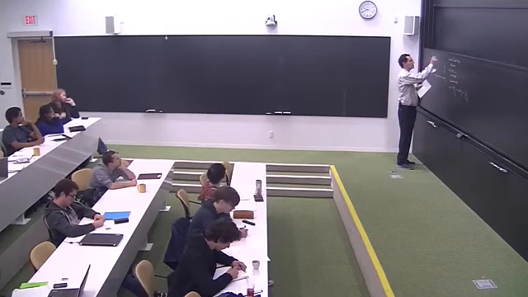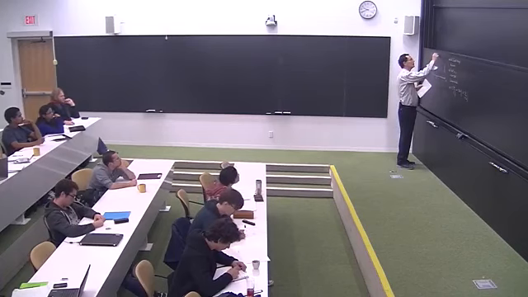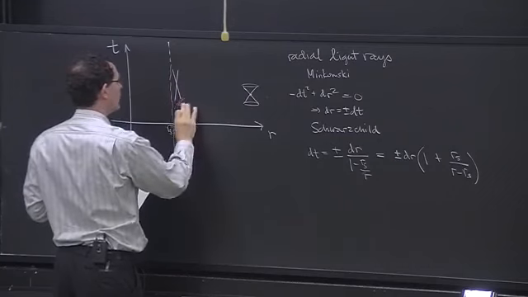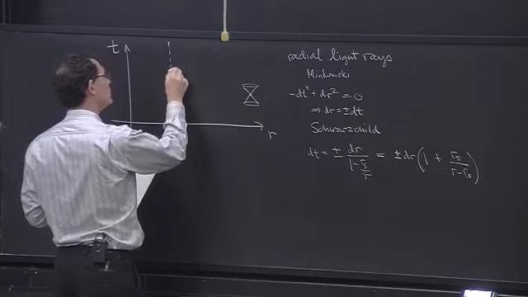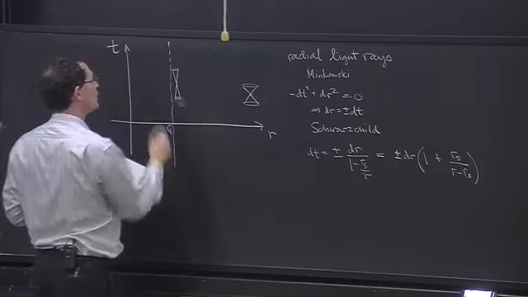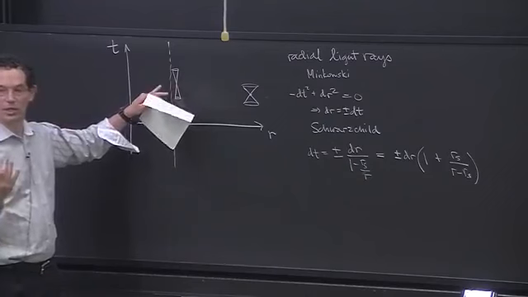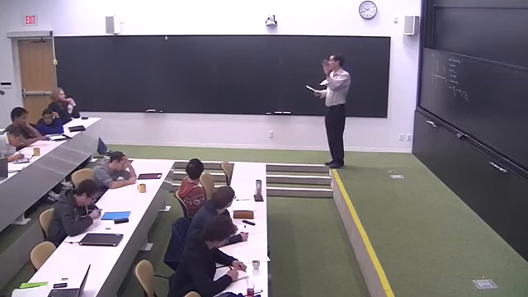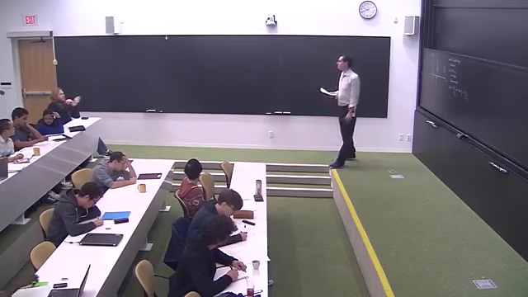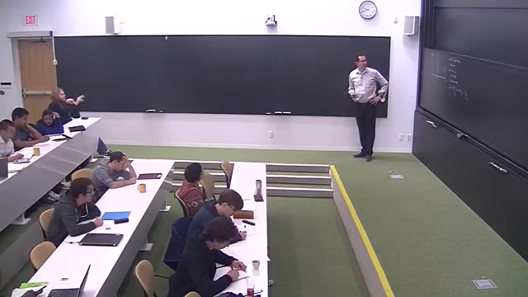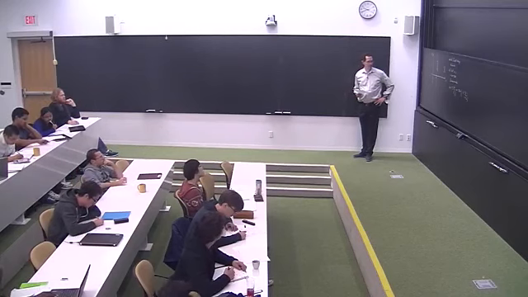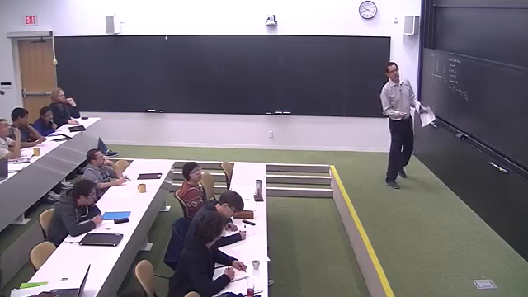Let me just draw the picture, and then you can ask questions. So as I come in, the slope of the light cone in these coordinates steepens and the slope goes to infinity as we hit Rs. So the speed of light in these coordinates goes to infinity. Sorry, I did two steps at once.